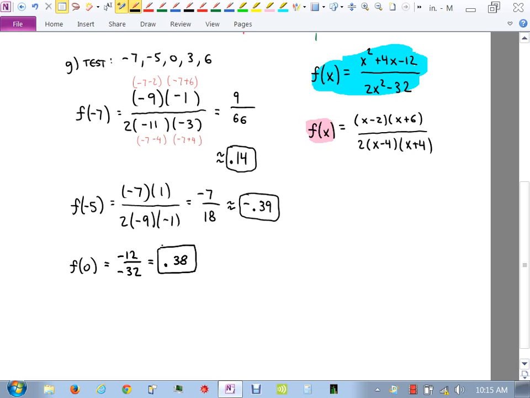How many more? 2 more? F of 3. For 3, I'll plug into the bottom one. It's 1 times 9 over 2 times negative 1 times 7. So 9 over negative 14 equals approximately negative 0.64. One more, and we're ready.